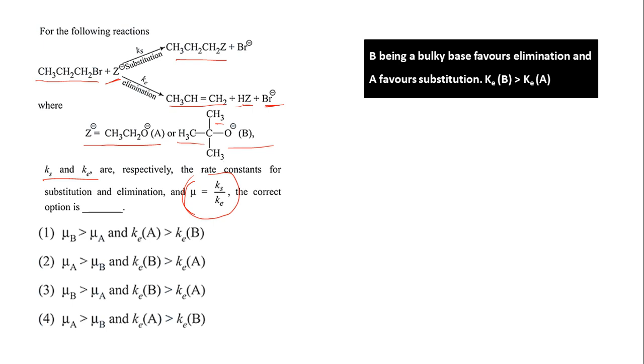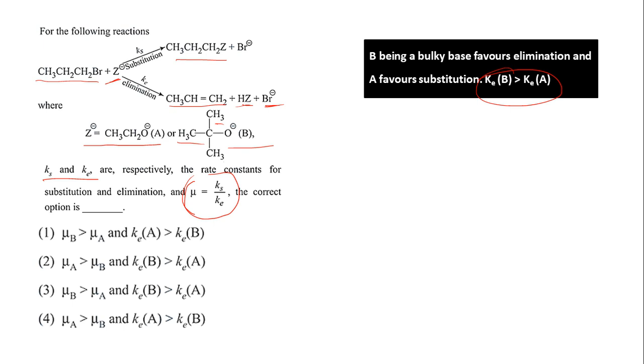And how to know whether substitution or elimination is favored? For that, right now there is a link on the top right corner, you can check that. So B being bulky, it will favor elimination. That means from this information we can consider this: Ke for B, obviously it will be better.